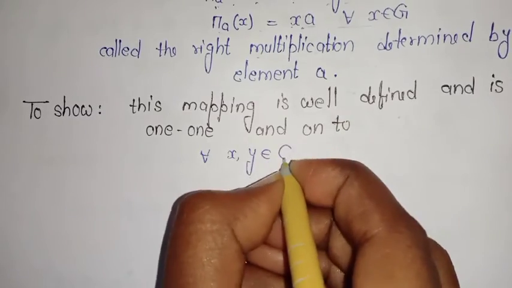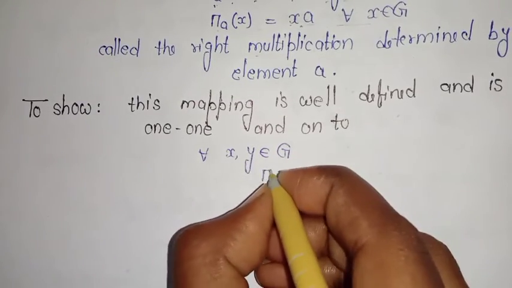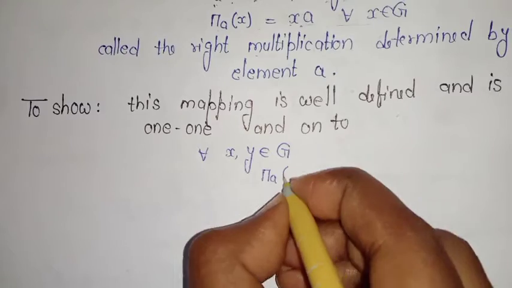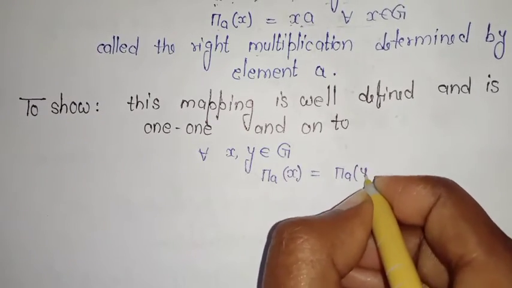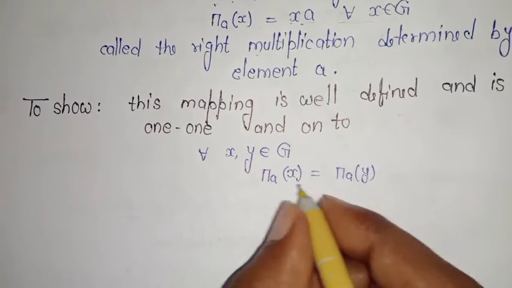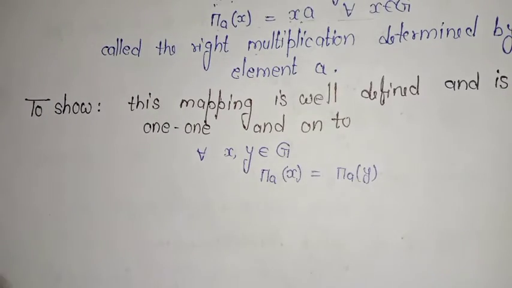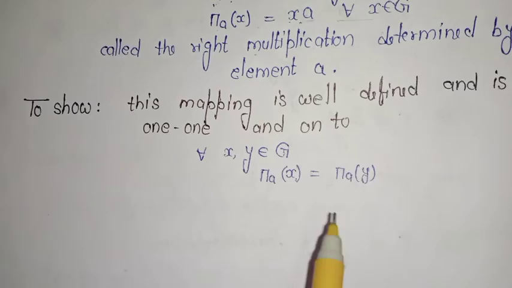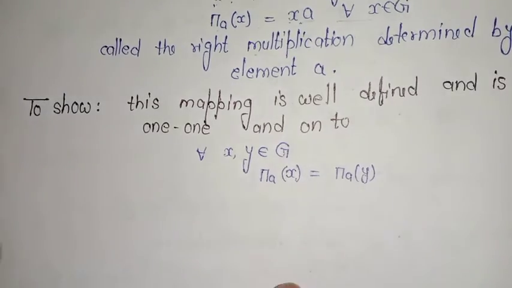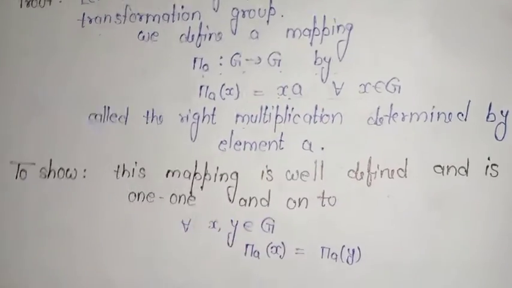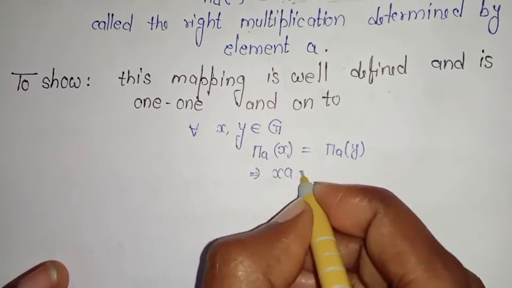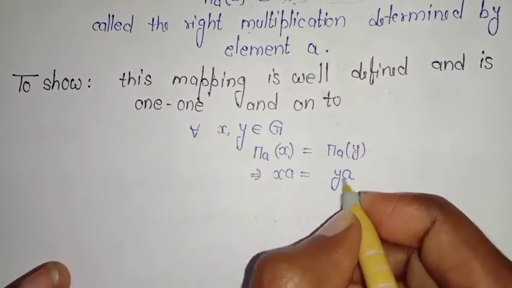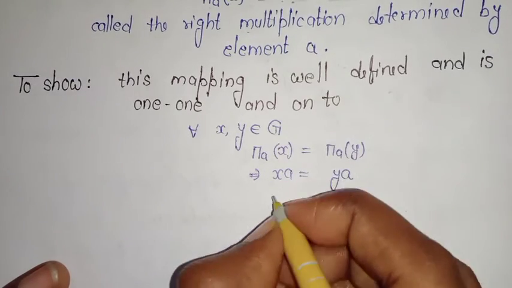For all x, y belonging to G, if pi_a(x) = pi_a(y), that is, if the images of two elements are the same, then the elements should be the same. If we apply the definition of our function, we get xa = ya.